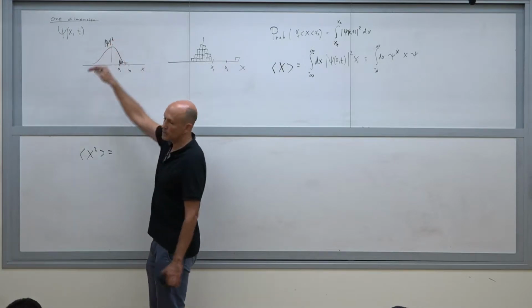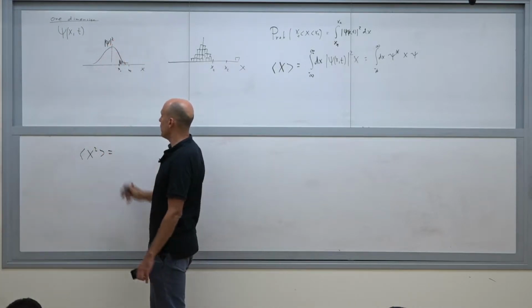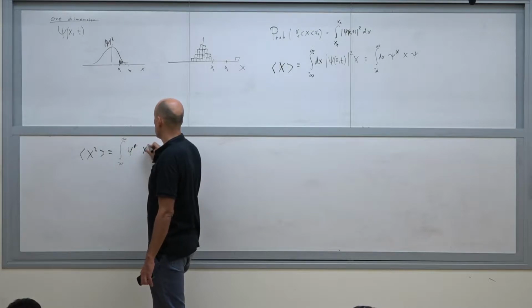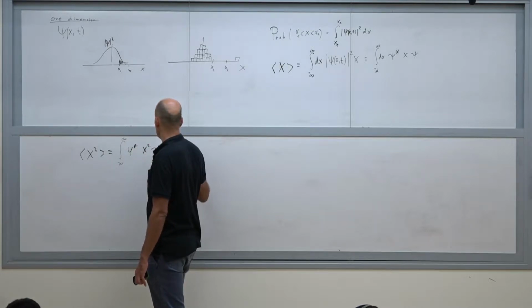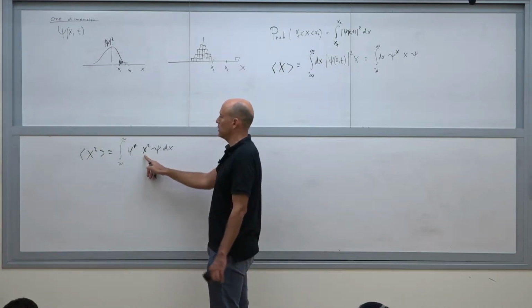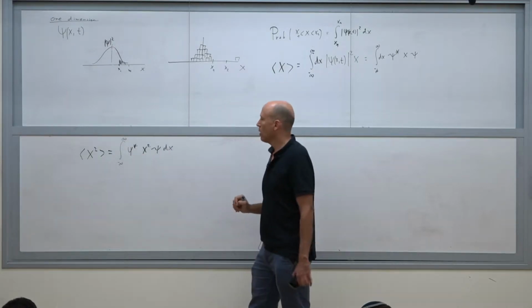I'm going to calculate the second moment, that is x squared average, and that is given in the same way as before, psi star x squared psi dx, which is of course the same as writing the density times x squared times dx.